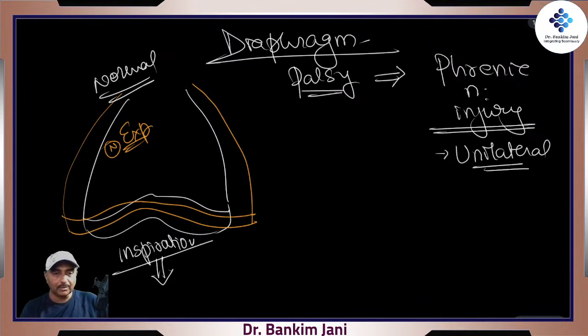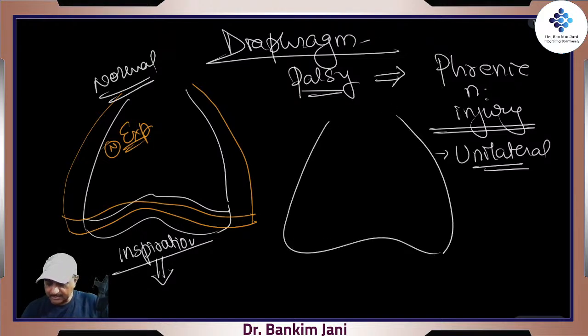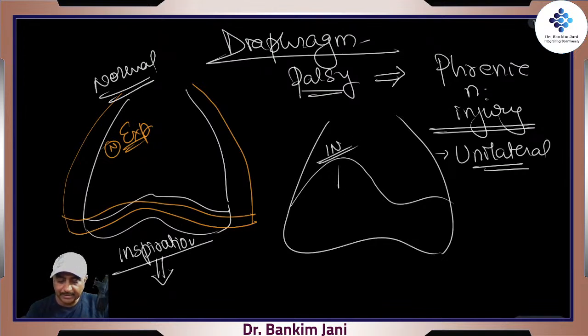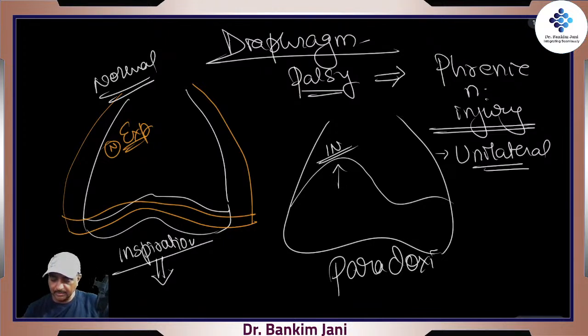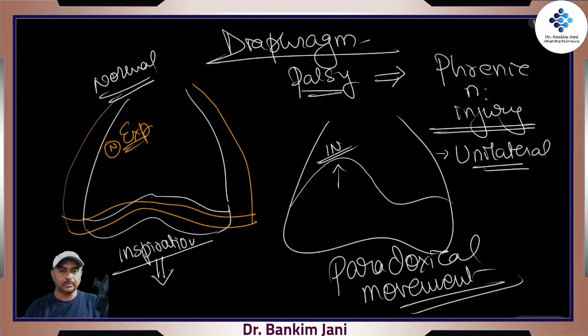Over here, what really happens is this. That's the thorax, and the diaphragm goes like this. So during inspiration, the diaphragm goes up. This is what is called the paradoxical movement of the dome of the diaphragm.